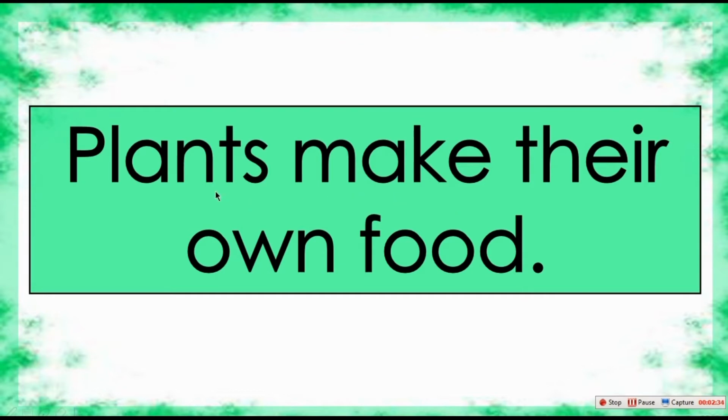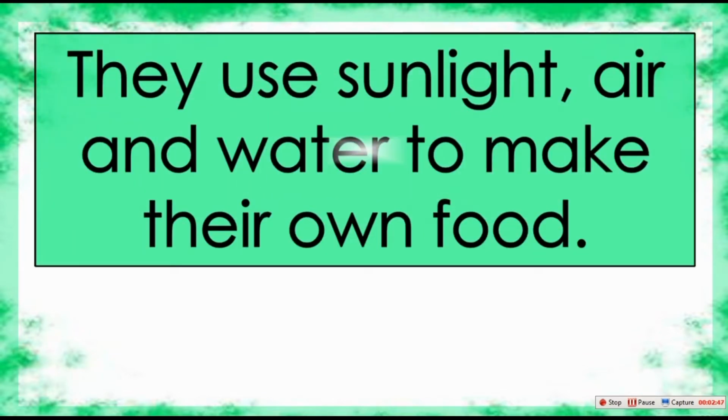Again, plants make their own food. Just like what we learned in our last topic, plants need sunlight, air, water, and food. So they use sunlight, air, and water to make their own food.